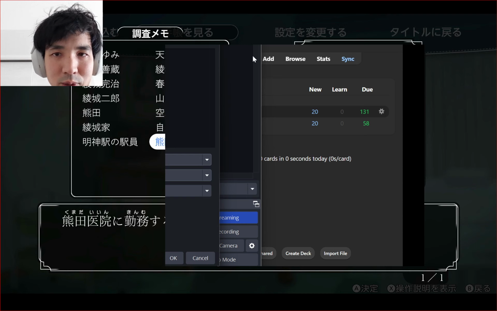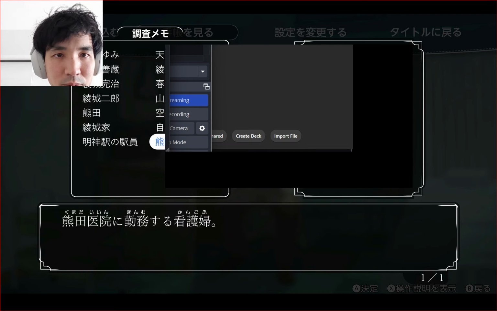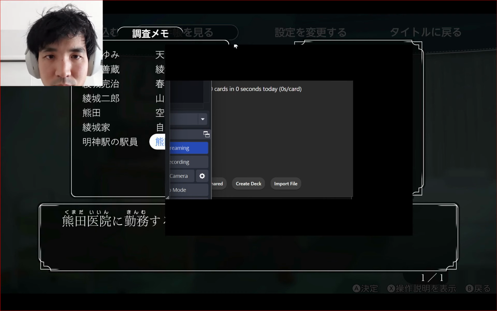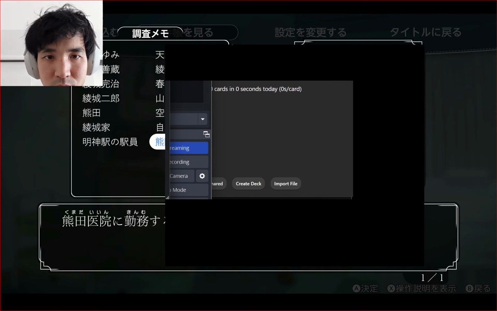For some reason, it shows my Anki deck being behind some other stuff. I don't know.